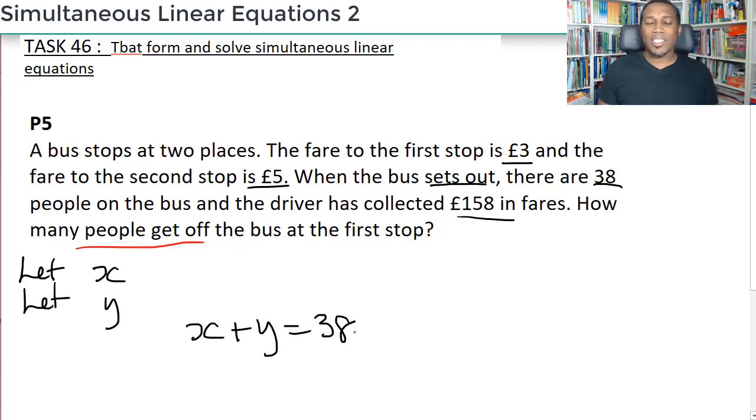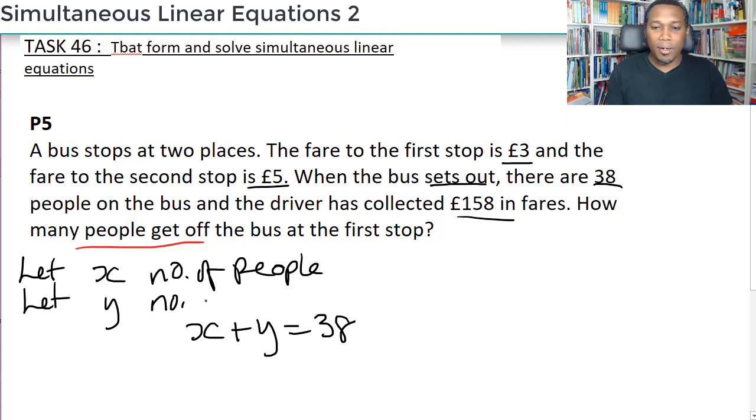If x plus y is 38, you're thinking, well, what's x, what's y? What we can agree is it's people. Let x be the number of people doing what? And y be the number of people doing what?